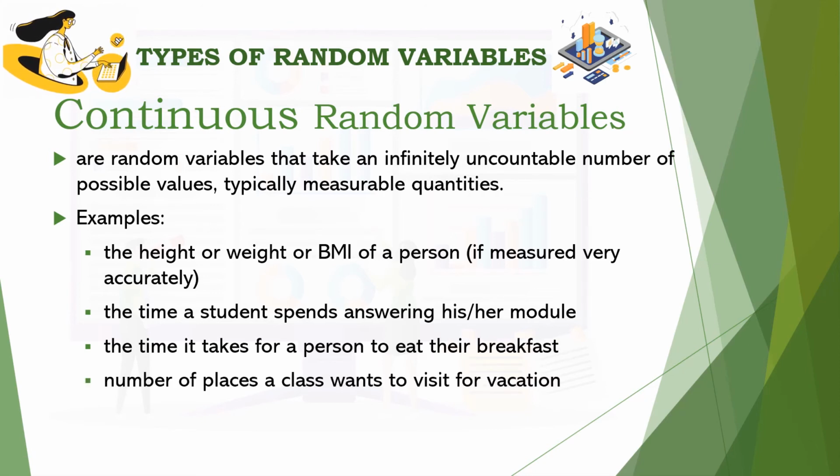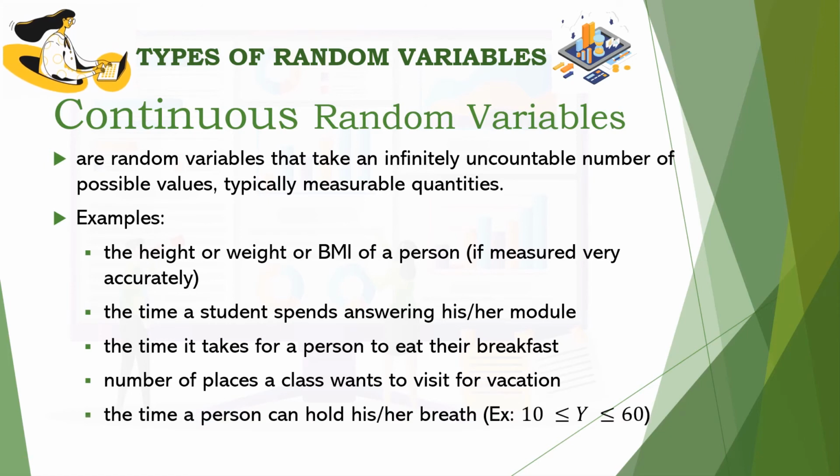The number of places a class wants to visit for vacation, as there are infinitely possible destinations for vacation and cannot be counted. We can also define another random variable y to be the time a person can hold his or her breath.